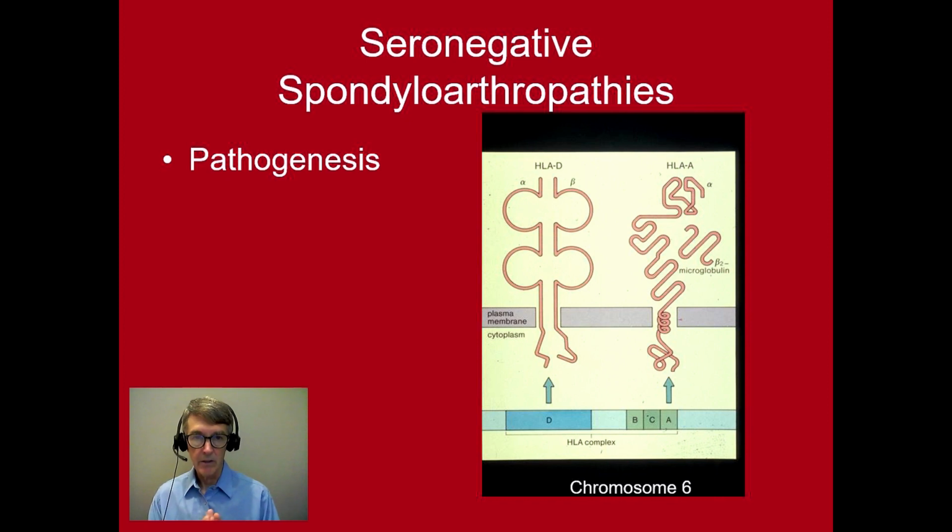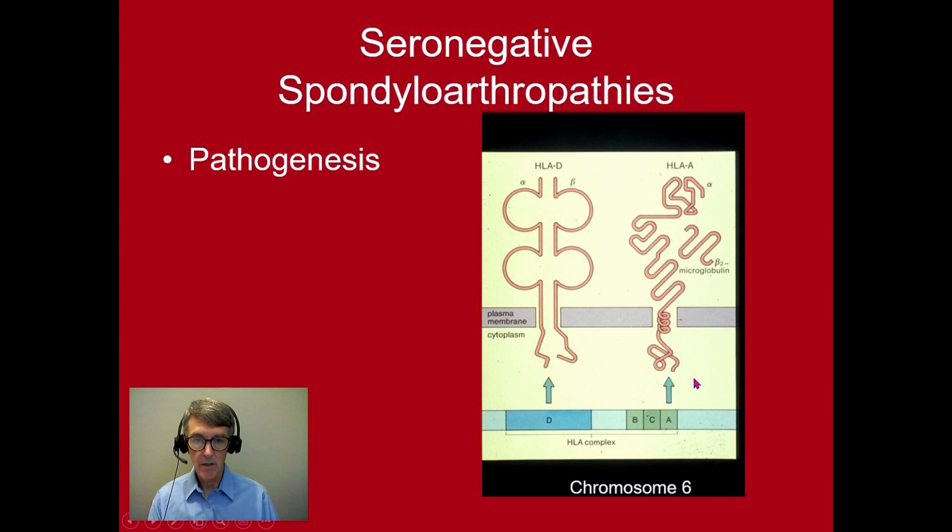The genetic factors, this is just showing the gene chromosome 6 and the HLA transplantation antigens, or what we call major histocompatibility complex associated with that. There's the D antigens, which we've discussed also when we talked about rheumatoid arthritis, or the type 2 antigens, and then there's the type 1 antigens A, B, and C, which are involved in the seronegative spondyloarthropathies.